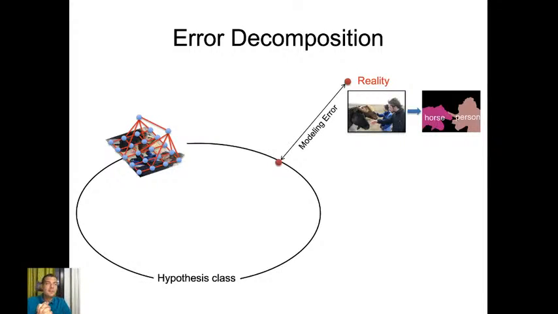Of course, this also depends on whether the reality is complex or not. If you have a simple classification problem and use a simple hypothesis, of course, that's the best thing to do. You don't need a complex model. But anyway, there is this gap called the modeling error. Whatever you do during the learning of this model, you cannot get a better performance than this point.